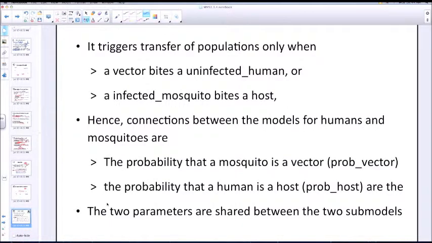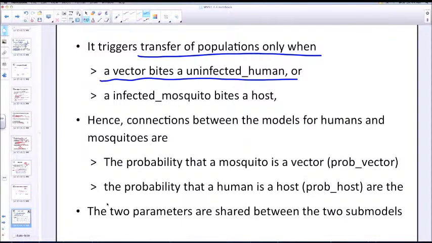So what triggered the population transfer from uninfected to a host? A vector bites the uninfected human, and then an infected mosquito bites the host. That's what matters, as we pointed out in the procedure.